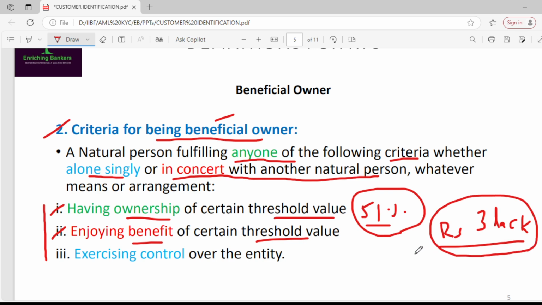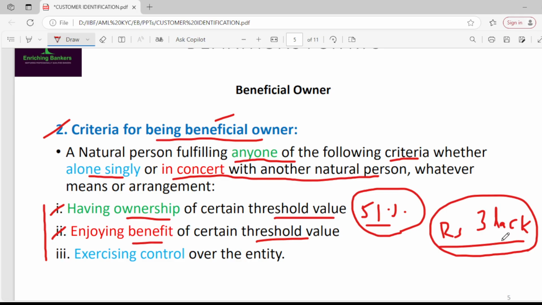The persons who have annual income of rupees 3 lakhs or less than or equal to 3 lakhs only enjoy the benefit of zero tax. So who is going to enjoy that zero tax benefit? Those who are getting annual income less than or equal to 3 lakhs can only enjoy that zero tax benefit.